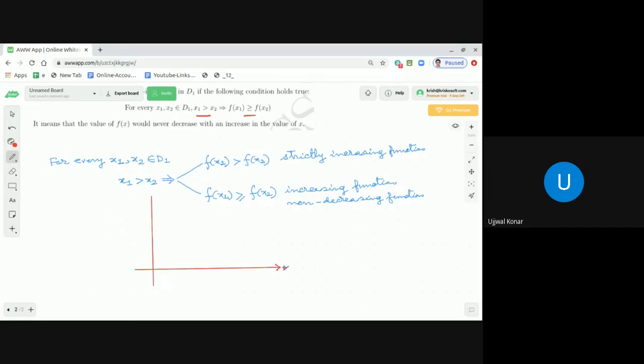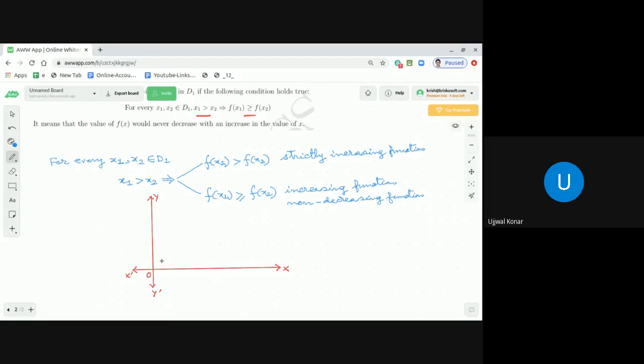So this is x-axis, x dash, y dash. This is the origin. When it is a strictly increasing function, let me draw it in green color, for example.